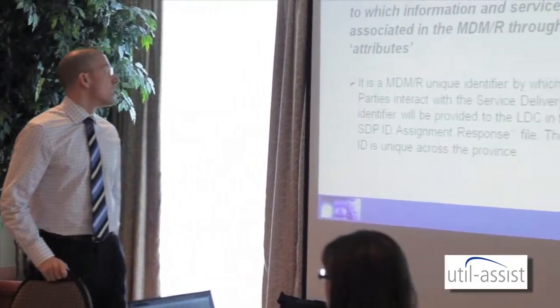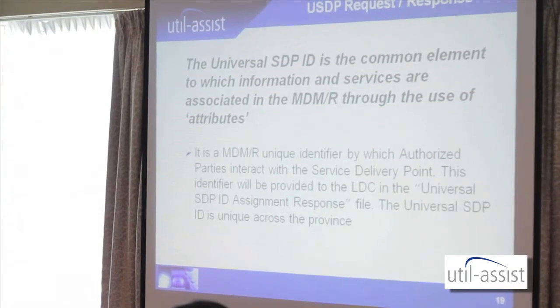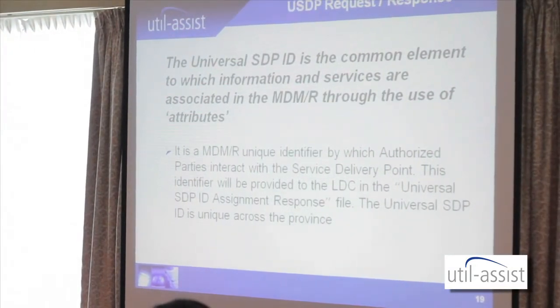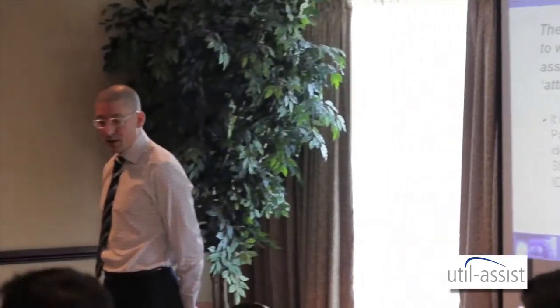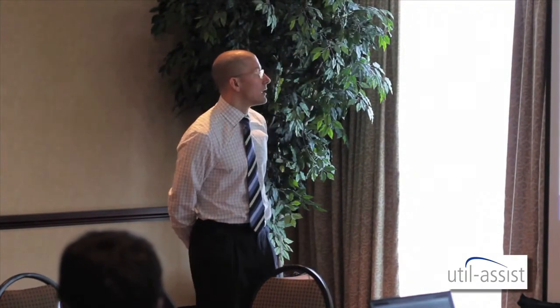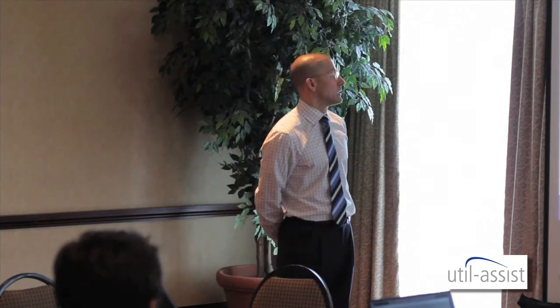So the USDP then is the common element to which information and services are associated in the MDMR through the use of attributes. You will provide an SDP ID and get back a USDP ID. The Universal Service Delivery Point then is a provincially unique identifier, and that's how they will associate all the attributes that you provide them for your SDP IDs.